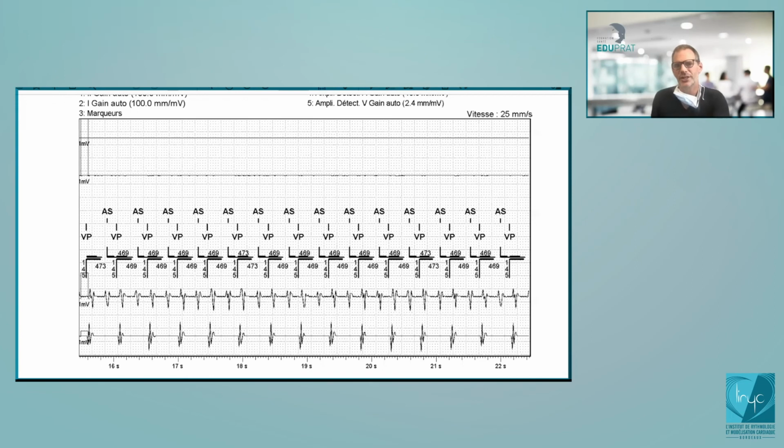I just show you, you see here, this is an episode of 2-to-1 blanked flutter. It means that this is a flutter. You see the atrial signals here are fast, very regular, and every other signal falls inside the blanking, the atrial blanking following ventricular pacing.